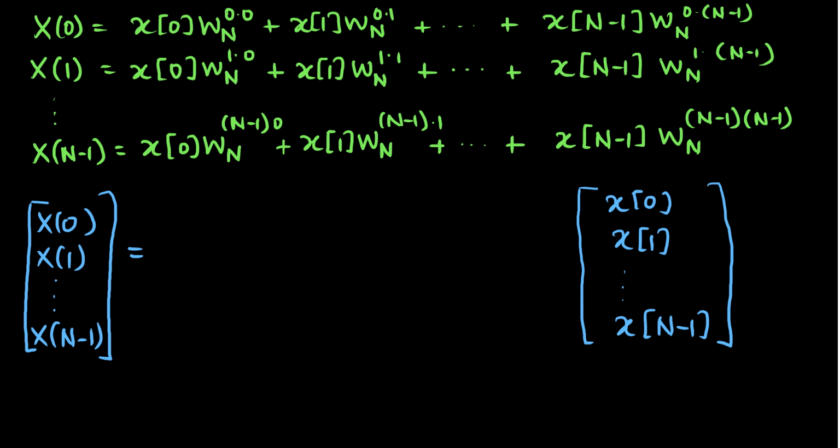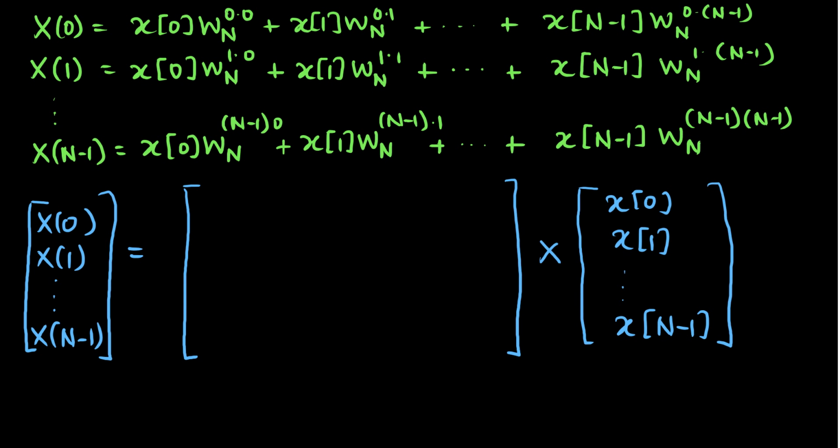Now if we observe these equations, what we can see is if we need to get matrix multiplication from these equations, we need to have a matrix here, something like this.